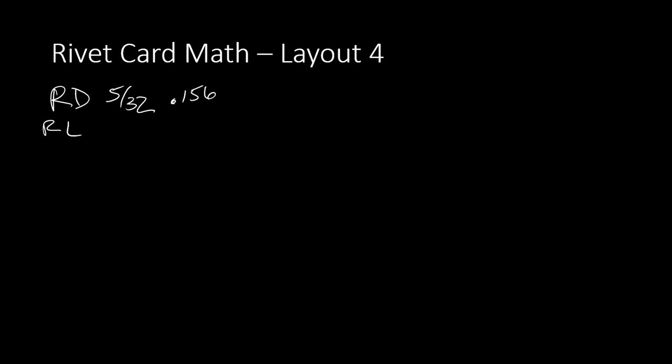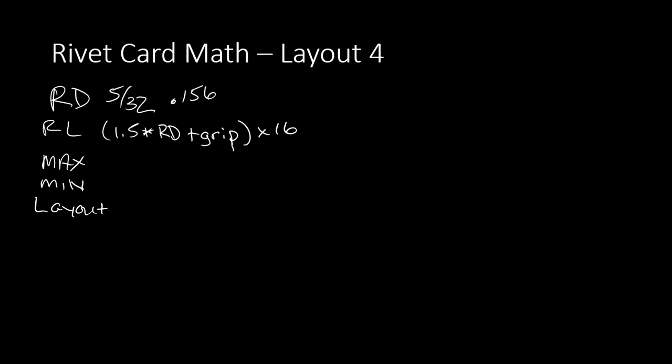And you're going to figure out the rivet length. 1.5 times rivet diameter, the 0.156, plus the grip, which is 0.072, in case you haven't figured it out by now, times 16. And round up. And then we're going to get our max, our min, and our layouts again.